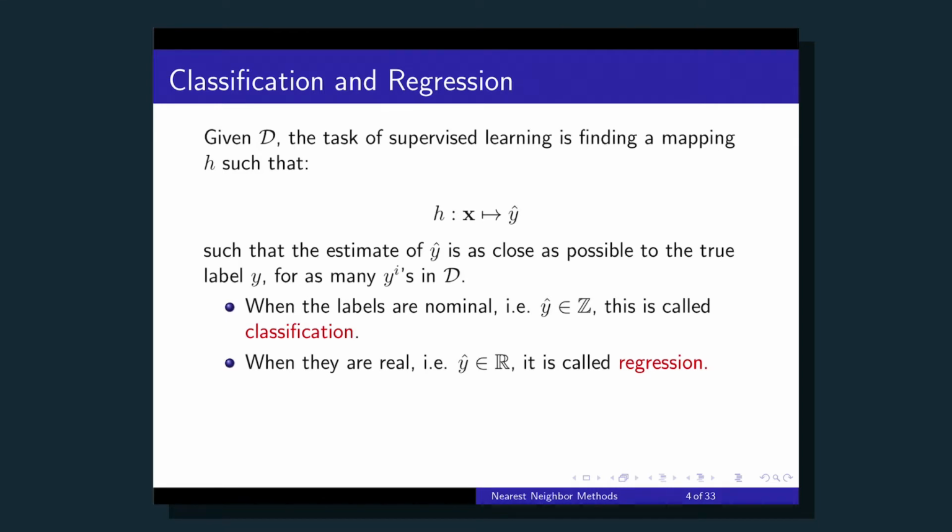When they're real, so continuous, this mapping would be called a regression. So now you give a new x, and it gives you some value. For example, you can give certain attributes of a patient, and it gives you an estimate of, say, the size of an aneurysm, or so on and so forth, maybe in the future.